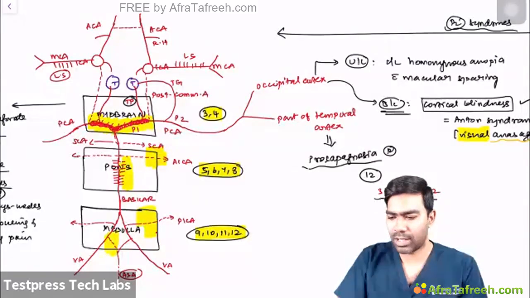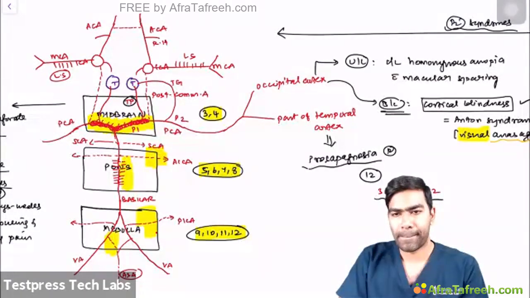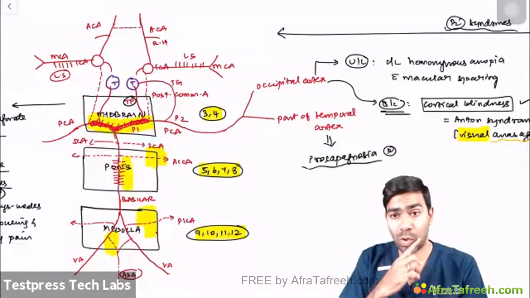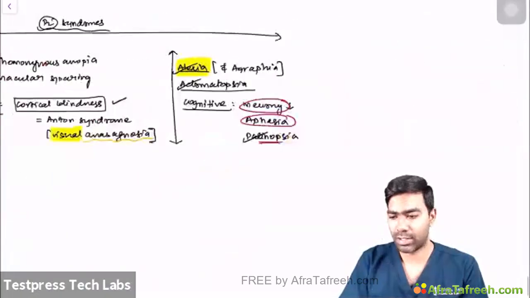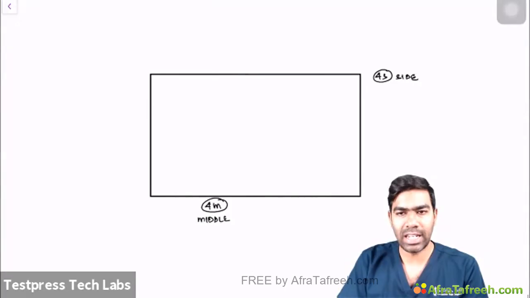So what are the remaining numbers if I exclude 1 and 2? 3, 4, 6, and 12. These are the 4 cranial nerves that are left. So what I can really tell is that 3, 4, 6, and 12 are the midline cranial nerves.